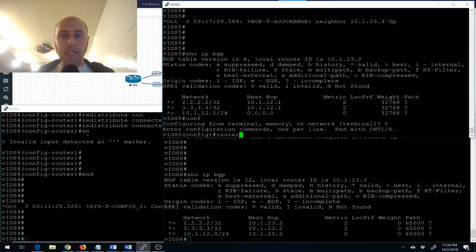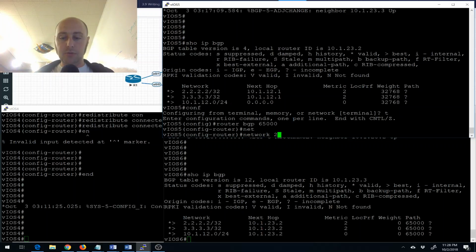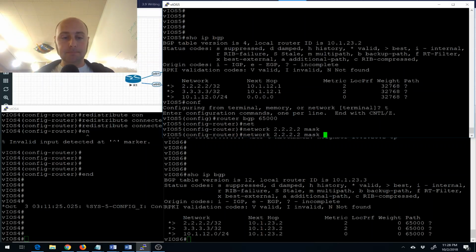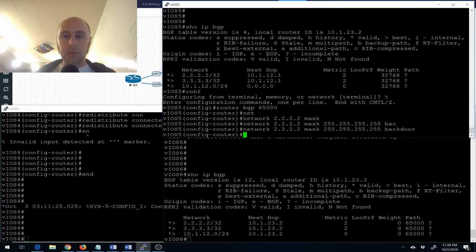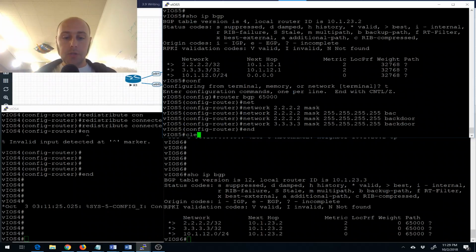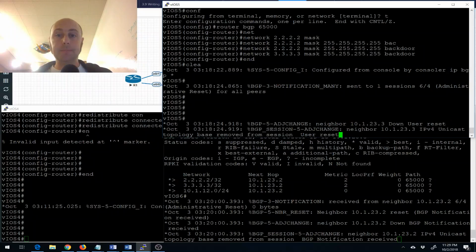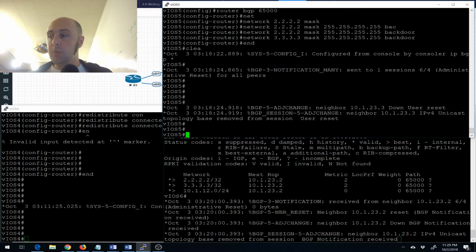by going ahead and getting under the BGP configuration and applying a network statement to all of them with the backdoor. So remember 2.2.2.2 and 3.3.3.3 are both internal. So here I'll do clear IP BGP star. We'll let that adjacency bounce.